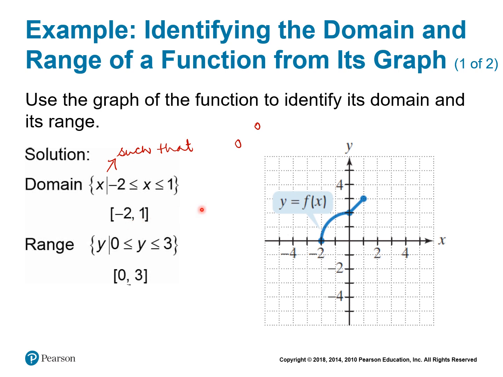Now, if these endpoints were hollow circles, then instead of square brackets, we would surround them with round brackets. Let me see if I can write the round brackets here. Bear with me, please, I'm trying to get my pen to work.